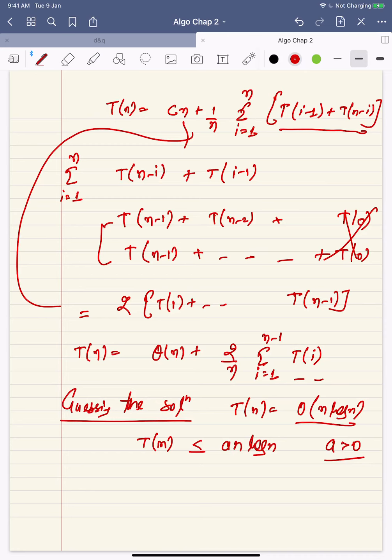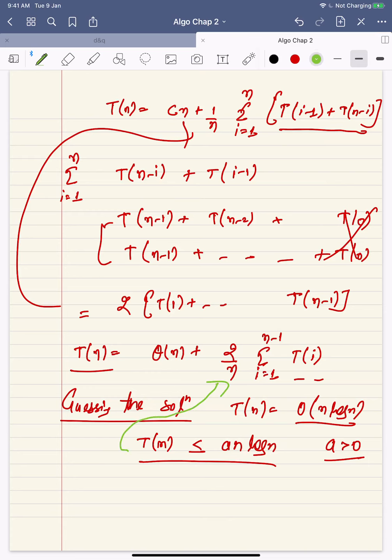Now, okay, fine, let's do that. Tn less than or equal to a n log n. I put the LHS as it is. I have to prove LHS is less than or equal to a n log n, but right now I substitute that in the RHS.